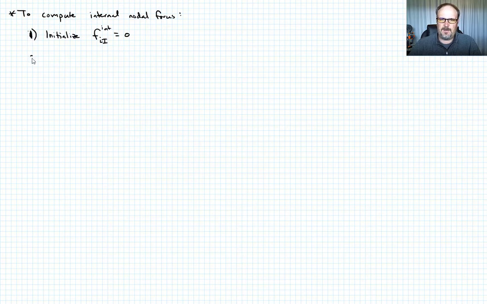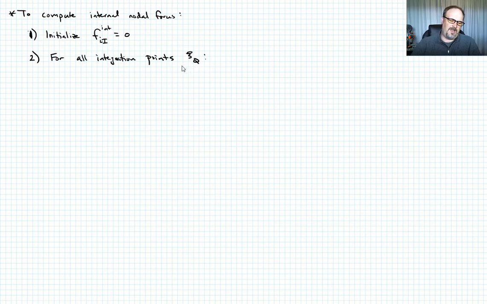Step 2 is we're going to loop over all integration points, which we'll call c sub Q. This is sort of like a little piece of pseudocode that you could ultimately translate into a piece of working code. This is where we have our 8-step procedure.